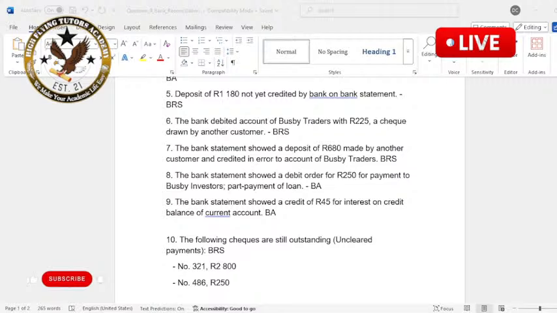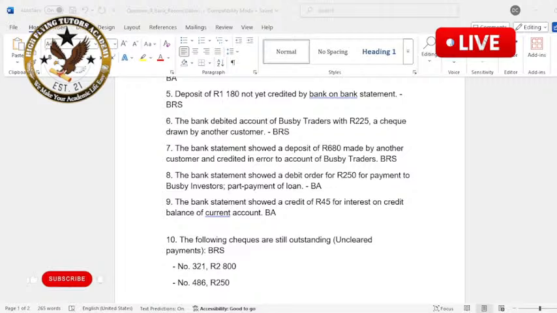It's like the other business deposited money into their account, but the bank took that money into our account, and that money does not belong to us but to the other business. That is why it continues and says credited in error to account of Bus Buy Traders, which is us. It is our business, but now we are receiving money that we're not supposed to receive. We are being credited instead of another business being credited.